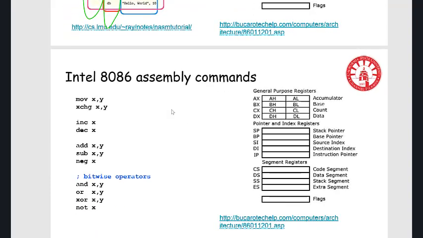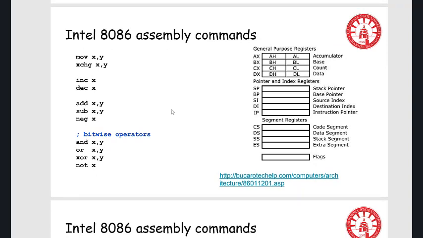All right, let's take a look at some basic assembly coding. These examples are given in the Intel form of assembly notation.